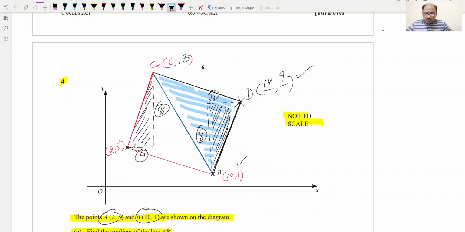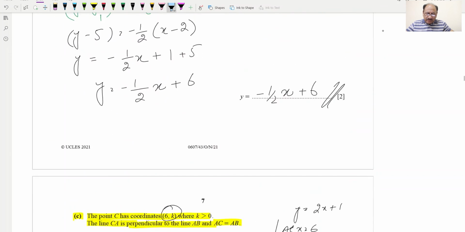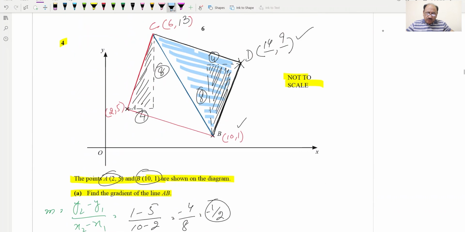And in the case of a square, we know that we will use the diagonal formula. I will write the diagonal formula for you.